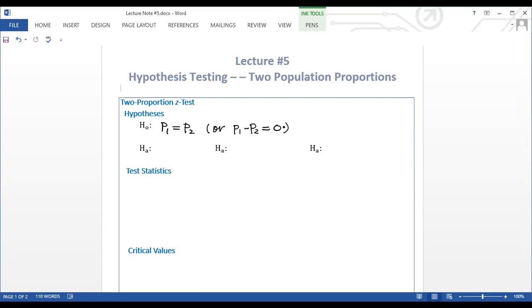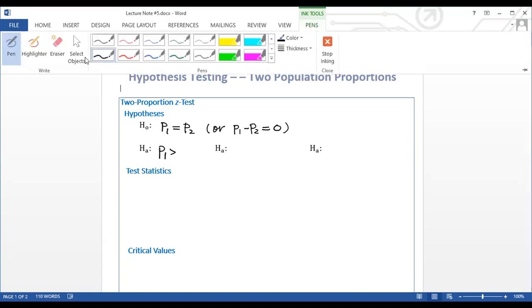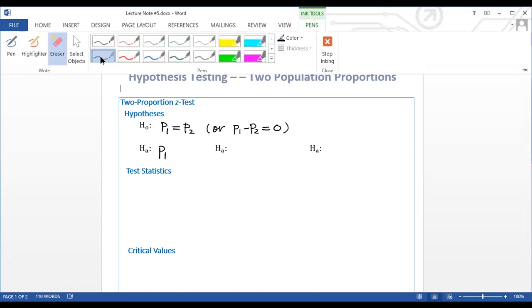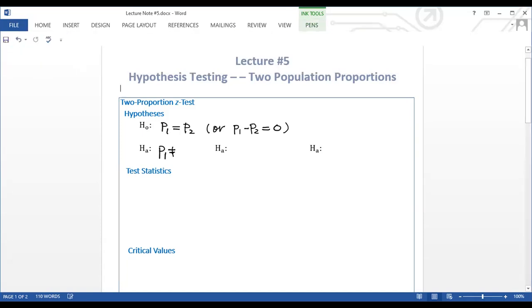The same way, we have three alternative hypotheses, like the one population proportion. What is our alternative hypothesis here? Let's do the not equal first. You can say P1 is not equal to P2. That means these two cities' percentages of smokers are different.